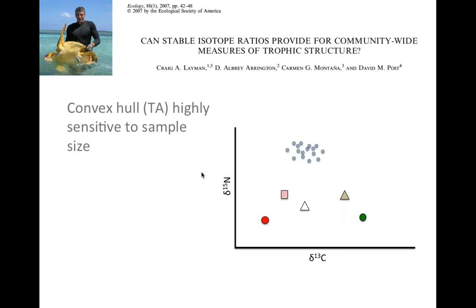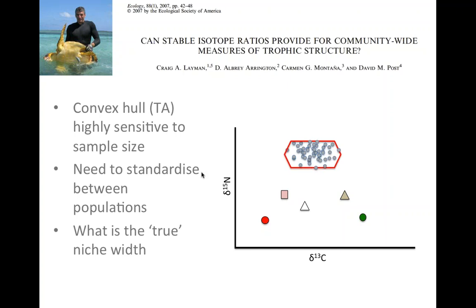Similar to measuring consumer niche width on stomach content using something like a Levins index, where you take your population and measure all the different types of things that your population is eating. Here, you take a population and measure the disparity of isotope ratios within it. You can put a nice little hull around it, but if you sample 50 fish from that population instead of 25, you're getting a bigger number.